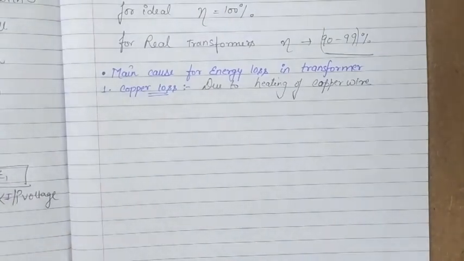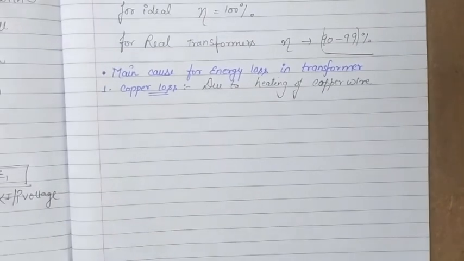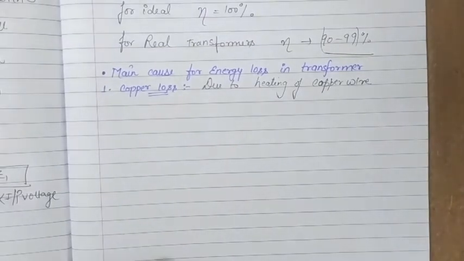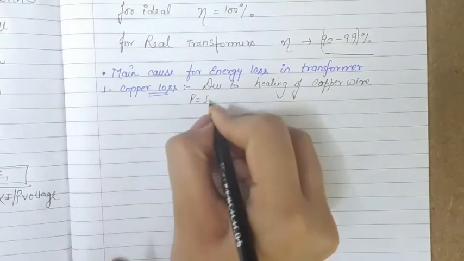Since we know that resistance is inversely proportional to the area of cross section, so power is equal to I square R.